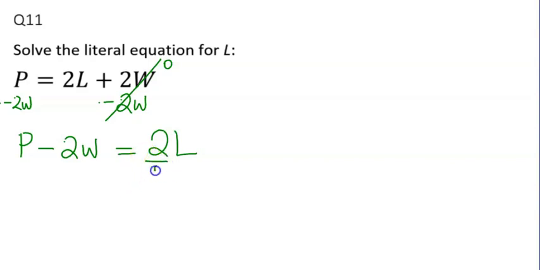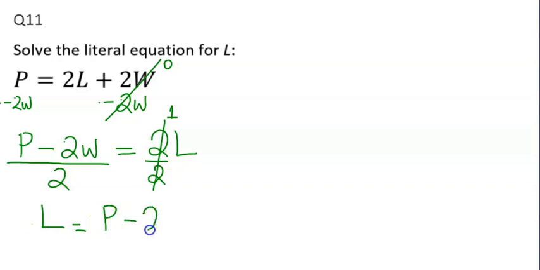Because a number divided by itself makes 1. And then I do the same thing here. Now I'm going to show different ways that you can represent this. So I can put a 2 all the way through like that. And then what is 2 divided by 2? 1. And then your answer can be, the length is the perimeter minus 2 width divided by 2.